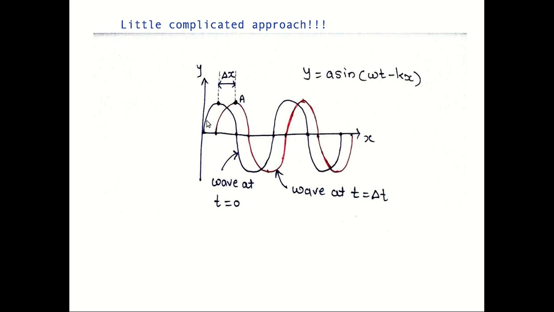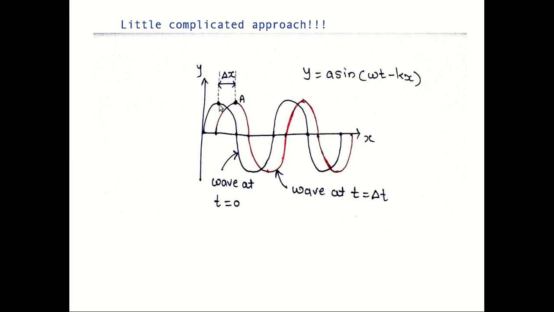Now, this is, say, the wave at t equals 0. The same wave after some time interval delta t will be like this. Now, here in time interval delta t, the wave will cover the distance delta x. So the speed is nothing but delta x by delta t.